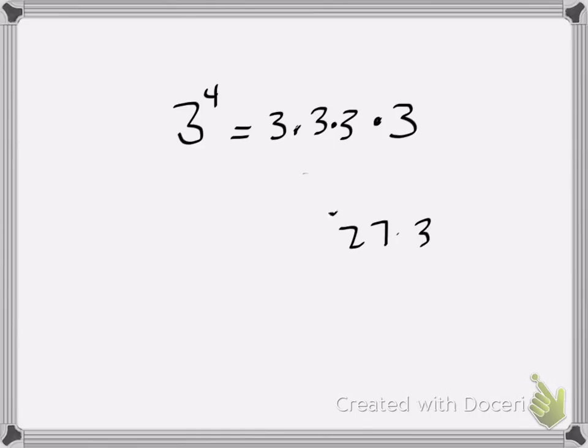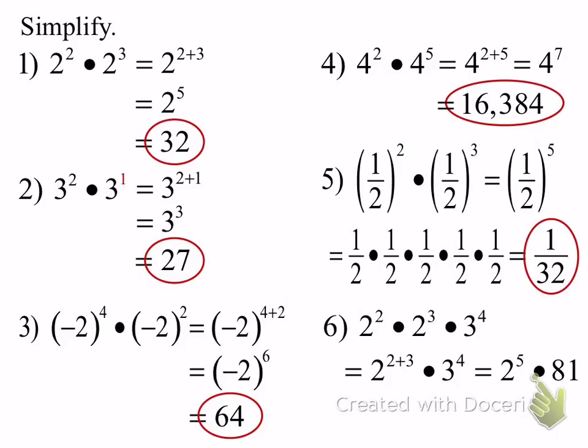So an easier way to do this is to just do them in pairs. 9 times 9, and that I know mentally, 81. It's part of my multiplication tables. Does that make sense? All right, so we end up with 32 times 81, and that you can multiply out. Okay, questions?